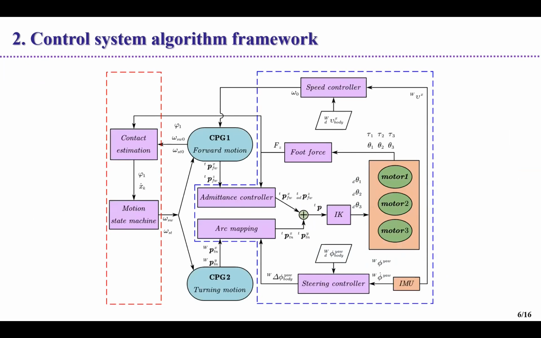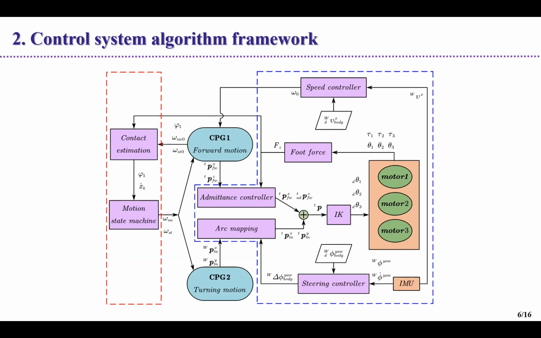This figure shows the algorithm framework of the control system of the whole machine. The core is the oscillator group composed of two oscillators in a blue rounded box, and one oscillator group is used as the foot trajectory planner.